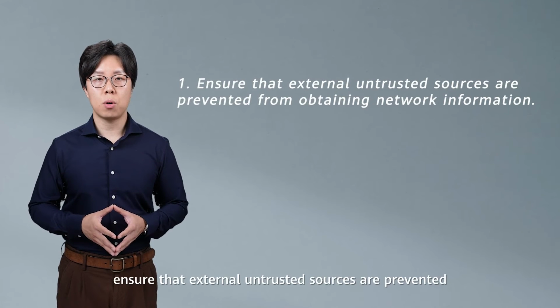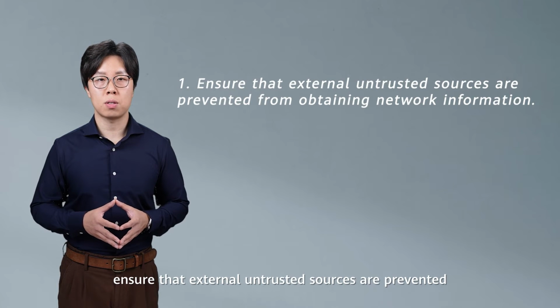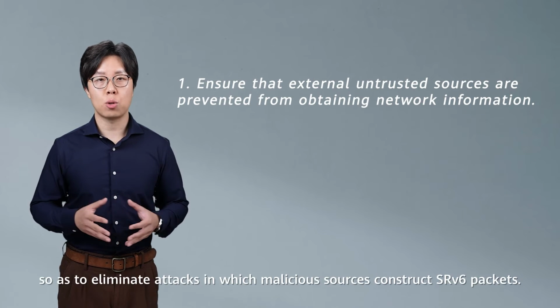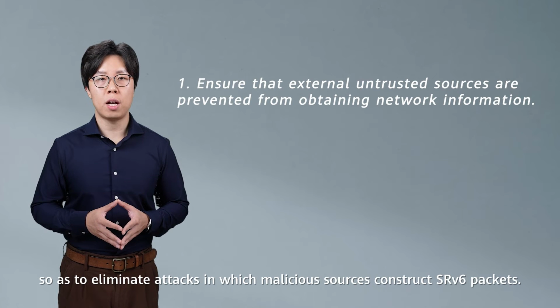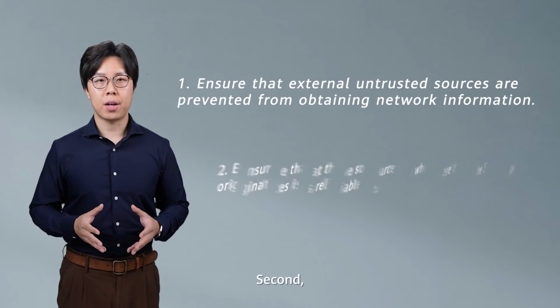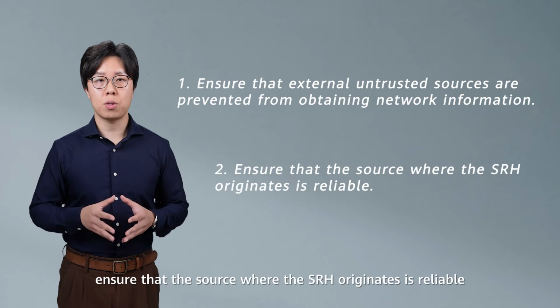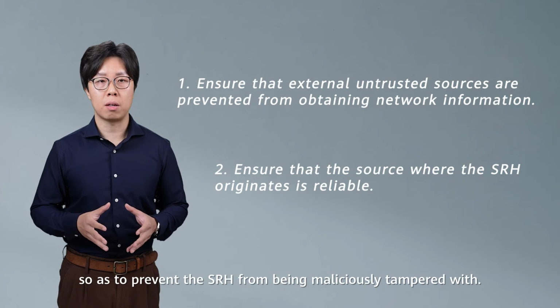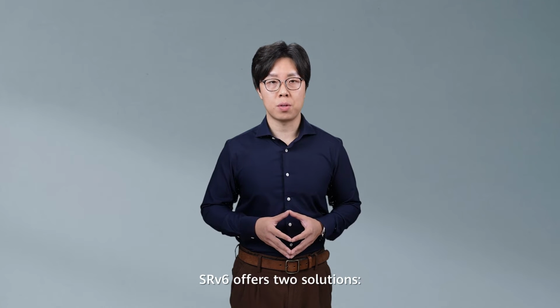First, ensure that external untrusted sources are prevented from obtaining network information, so as to eliminate attacks in which malicious sources construct SRv6 packets. Second, ensure that the source where SRh originates is reliable, so as to prevent SRh from being maliciously tampered with. To achieve this, SRv6 offers two solutions.